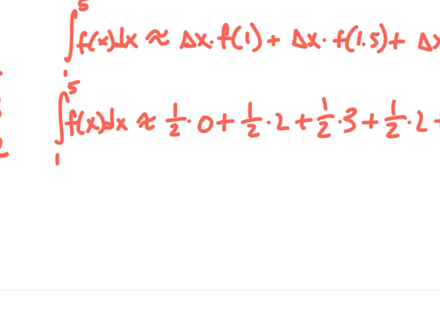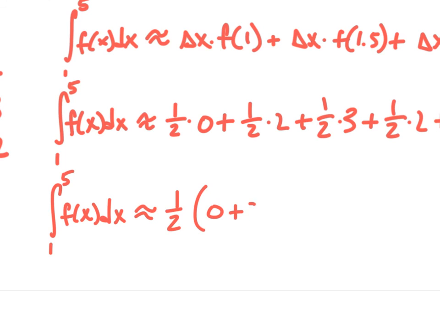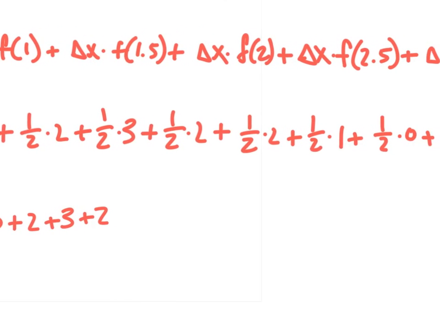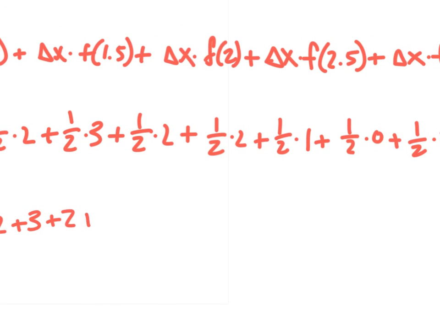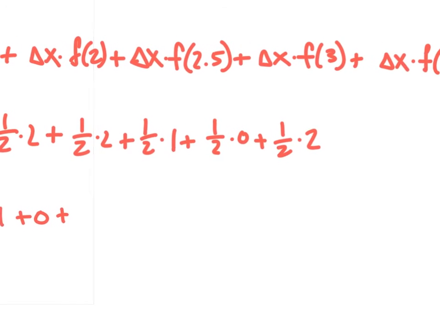Since I have a common delta x, I can factor that out front. So the integral from 1 to 5 of f of x dx is approximately equal to 1/2 times 0 plus 2 plus 3 plus 2 plus 2 plus 1 plus 0 plus 2.